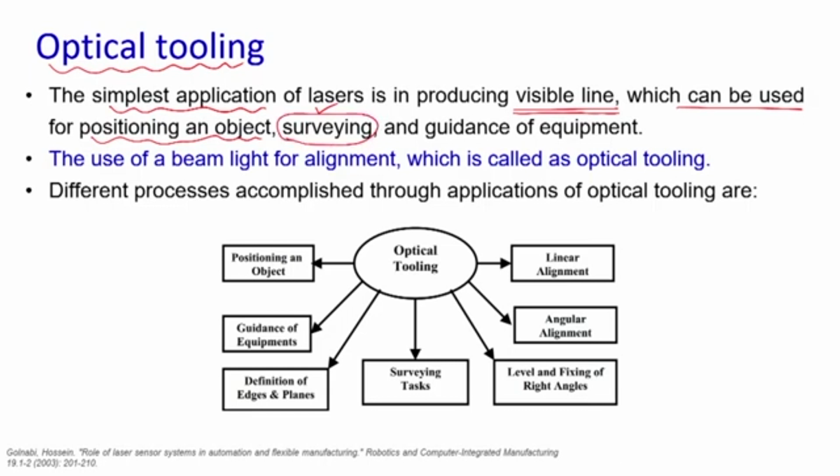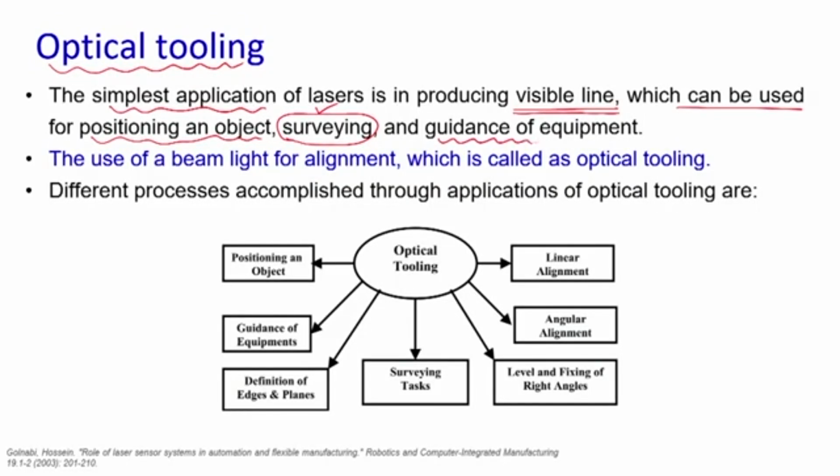Based upon surveying, we decide various parameters related to civil engineering, for example road construction and dam construction. We have to survey the site and get the data or the elevation of the earth with respect to a certain reference point. For that purpose, for big projects, lasers are quite helpful in surveying applications.